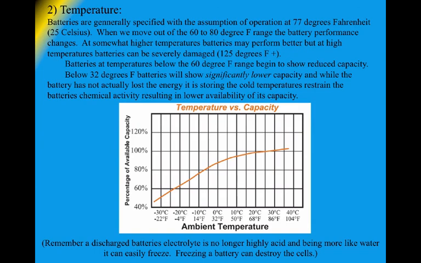And when we get below 32 degrees Fahrenheit, we'll see that there is significantly lower capacity. The battery really hasn't lost its energy, but because the cold temperature restrains the chemical activity of the battery, the accessibility or availability of the capacity is reduced.